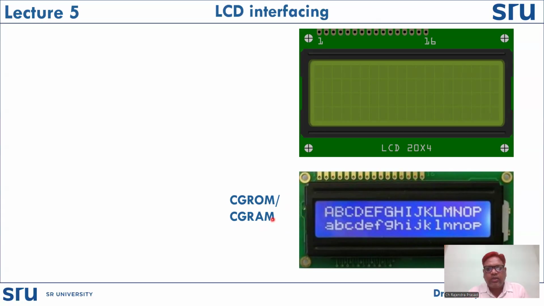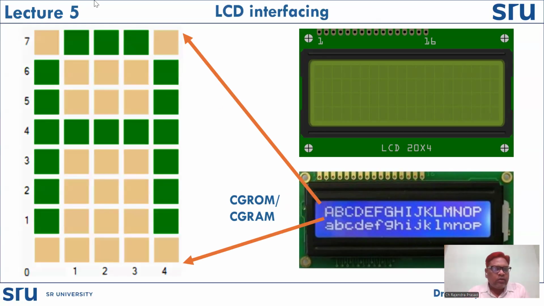So let us see how a character will be displayed on the LCD. Each character is represented by a 5 by 8 pixel box. In order to generate the character A, the green color dots need to be enabled and the remaining dots should be disabled.